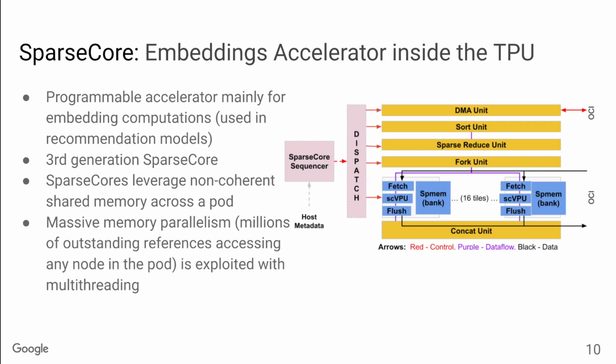So what the Sparse Core does is it's an accelerator inside of each of the TPUs, which is there to do 2 things. The first thing is it does a lookup into sparse memory. And the second thing it does is it fetches that memory from other TPUs in the system. A typical recommendation system with what we call large embeddings has really large embeddings.